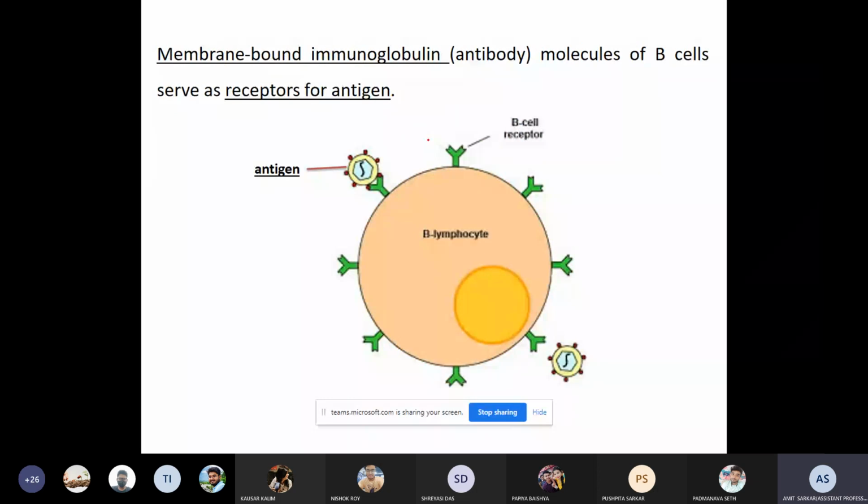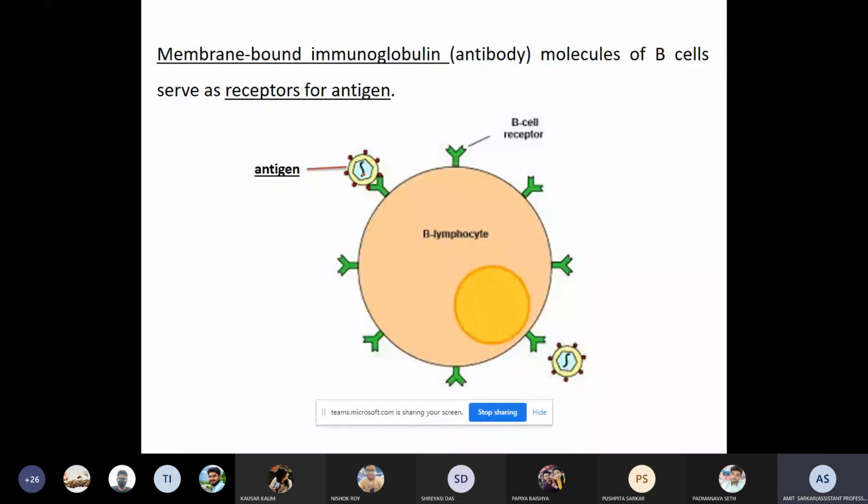Okay, so this membrane-bound antibody or immunoglobulin molecule of the B cell, what is it doing there? They serve as receptors for antigen. Antigen here means microorganisms, bacteria, virus, protozoa, etc. So you can see our green colored membrane-bound antibody is receiving an antigen.